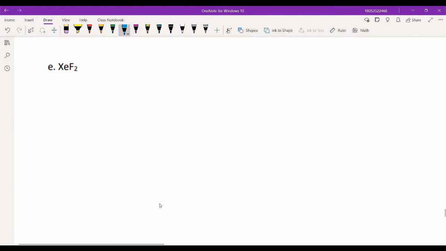Okay, so xenon difluoride is a good one to go over, because when we draw the structure, I believe there are 22 electrons, kind of doing this from memory, 8 plus 14, sorry, 22 electrons. So if we did this, it'd be 20.